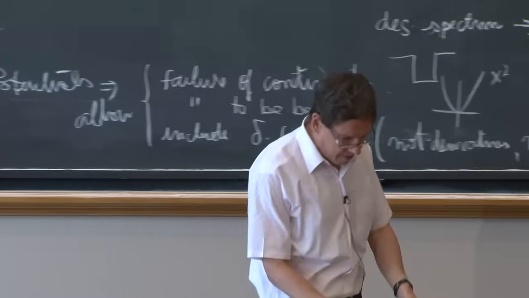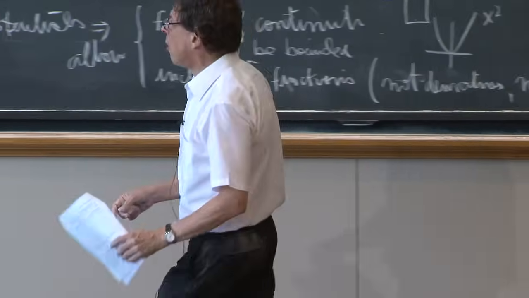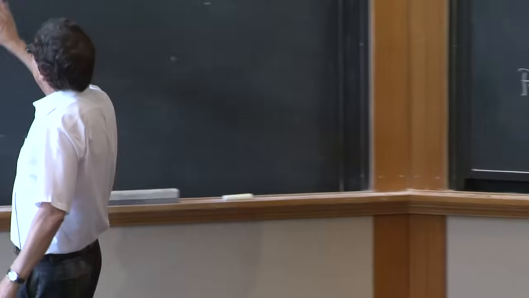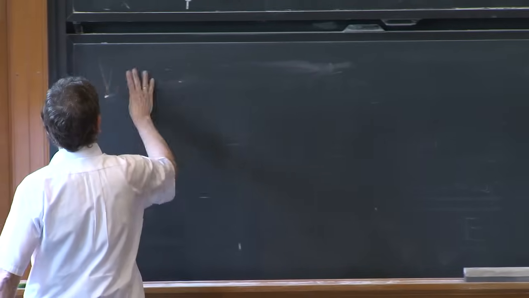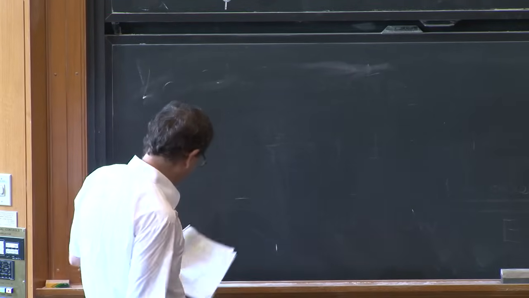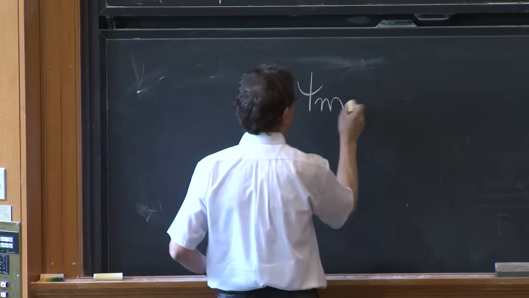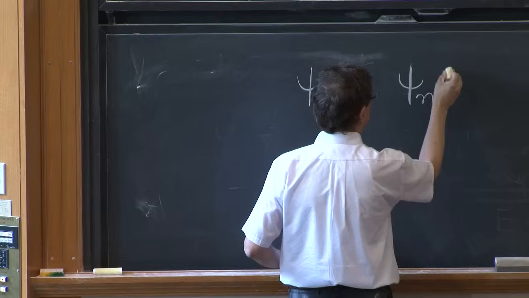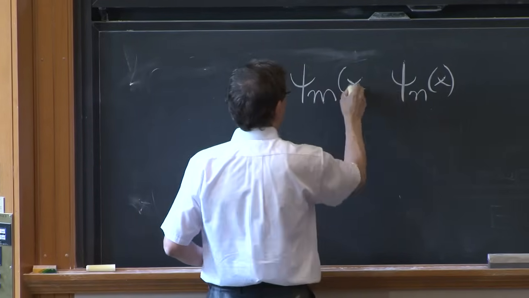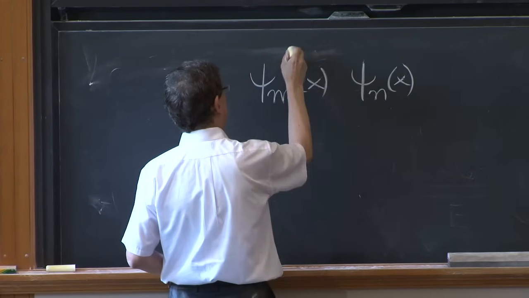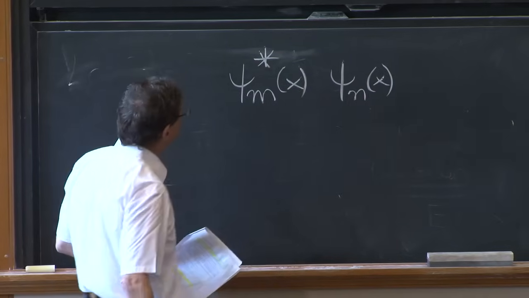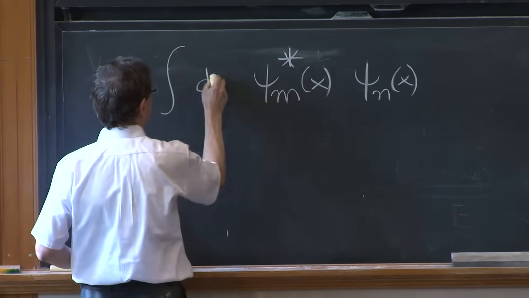So what does it mean that these two functions are orthonormal? Well, a dot product or an orthonormality is to say that the dot product is 0. And the way we dot product two functions, psi m and psi n of x, is we take their values at the same point, we star one, and we integrate.